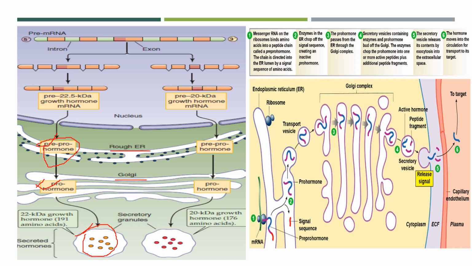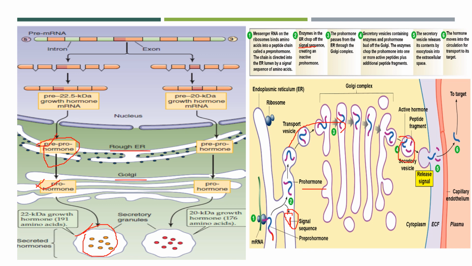The mRNA in the ribosome forms the pre-pro hormone. This pre-pro hormone contains a signal sequence. The enzymes in the endoplasmic reticulum chop off the signal sequence, and that's how it forms the pro hormone. Now the pro hormone passes from the endoplasmic reticulum through the Golgi complex and enters into the secretory vesicle.